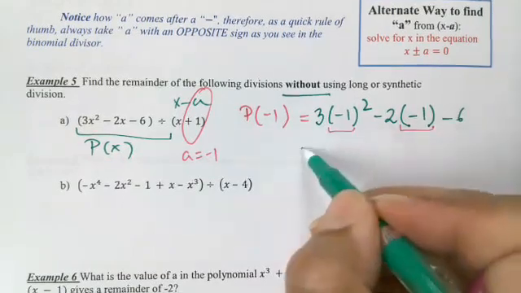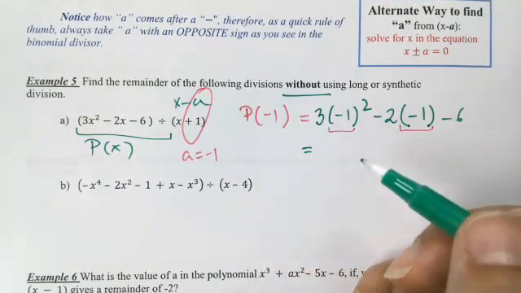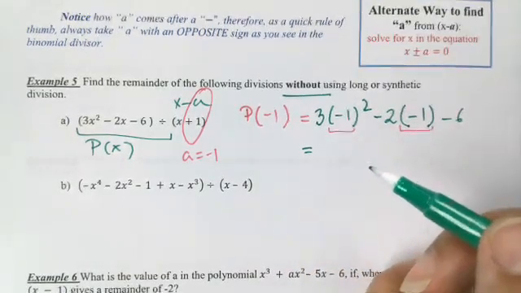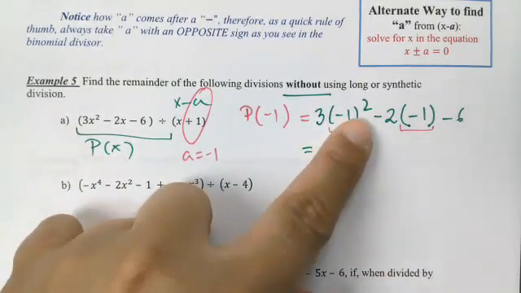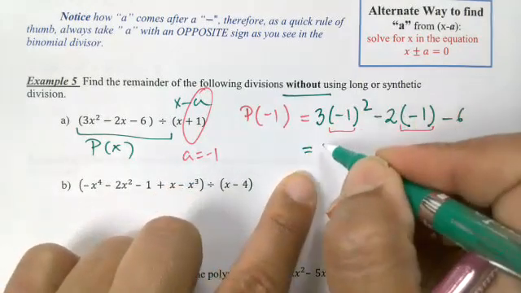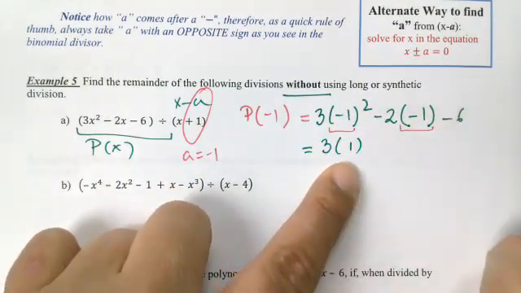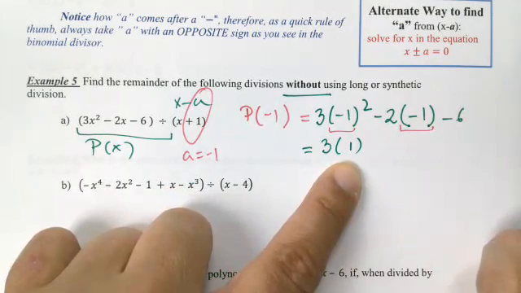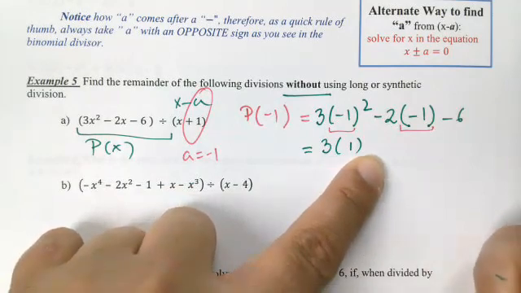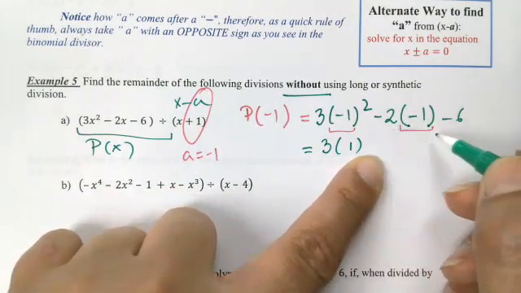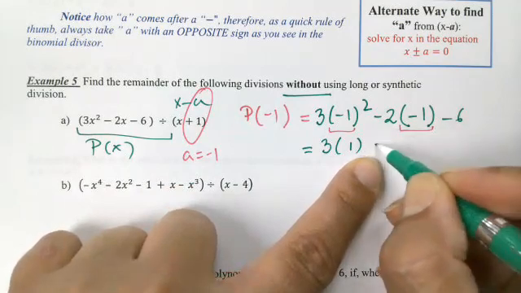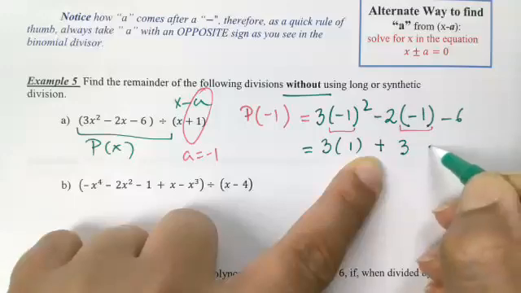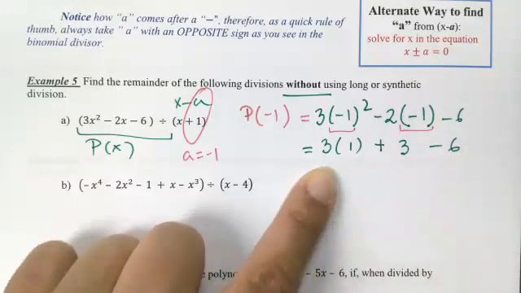And we calculate BEDMAS, right? Powers first, and then multiplications, and then additions and subtractions. The first one is -1 squared, which is going to be +1, right? -1 times -1 is +1. Now here I can already do multiplication. -2 times -1, which is +2, and then -6, I'll just copy.